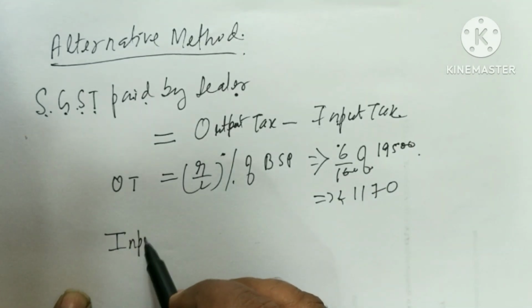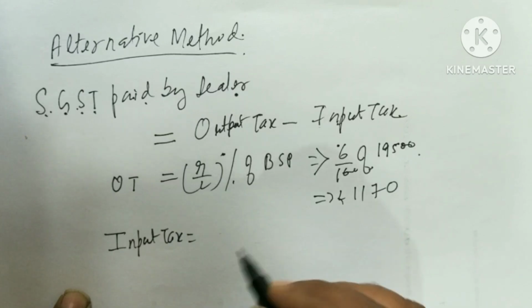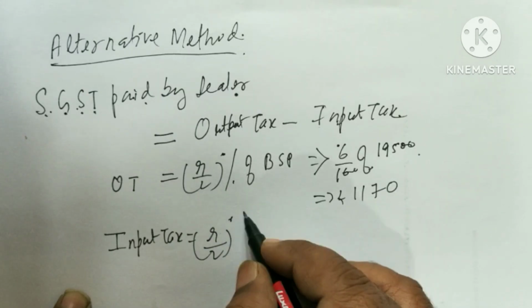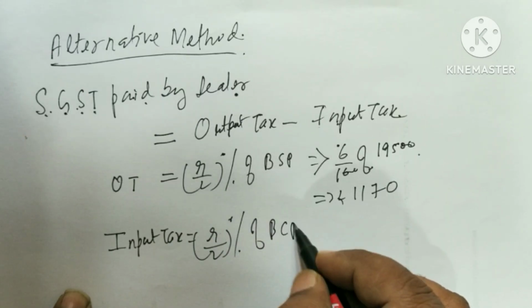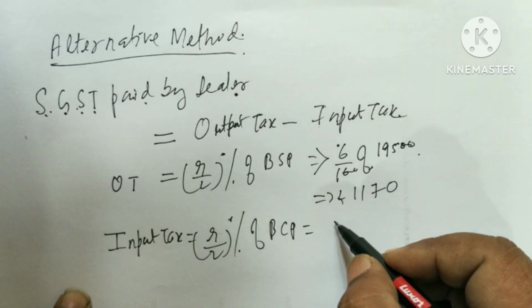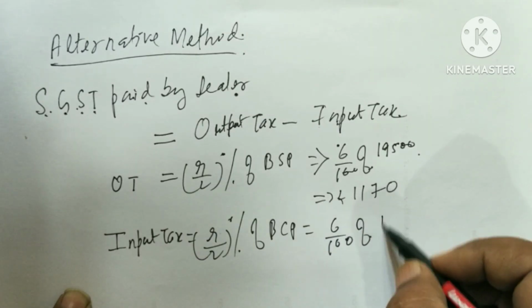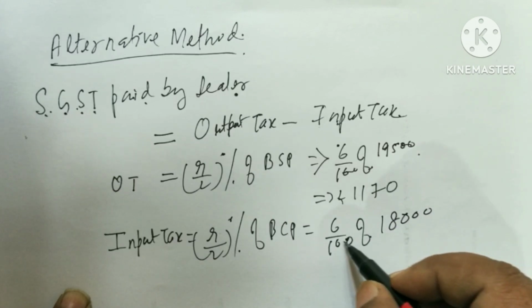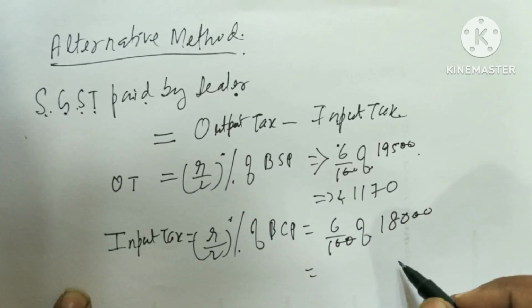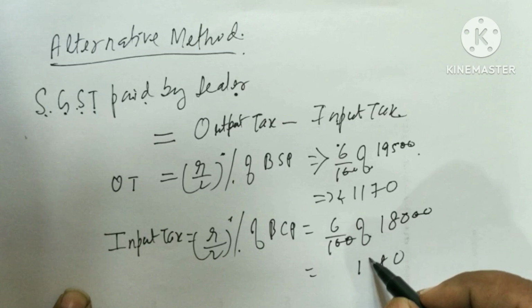And the input tax is 6% of the basic cost price, 18,000, which is 1080.